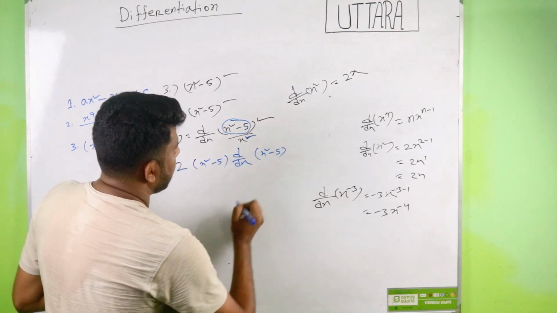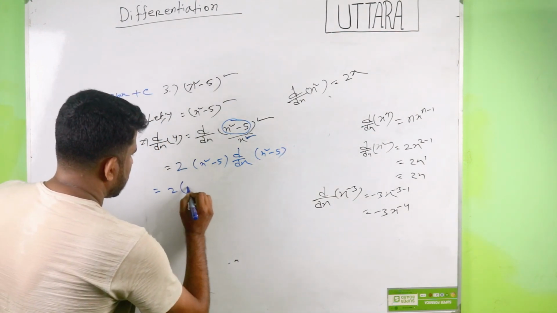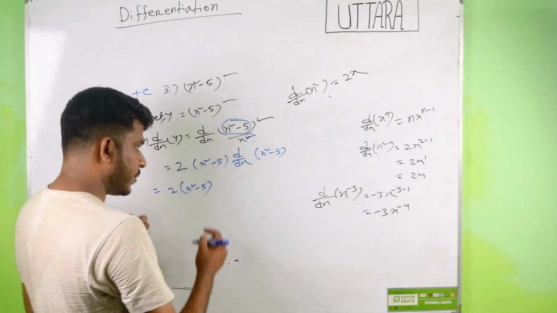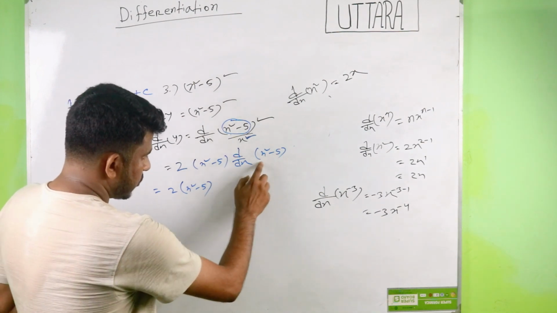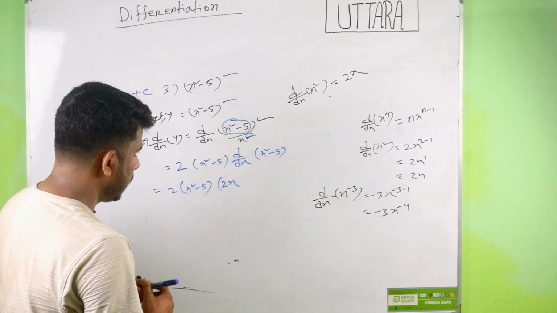So x square minus 5. 2 times x square minus 5 is just copied, and if we differentiate x square with respect to x, we get 2x.